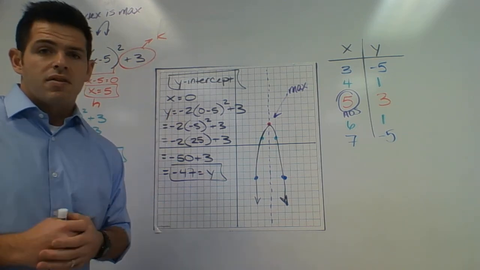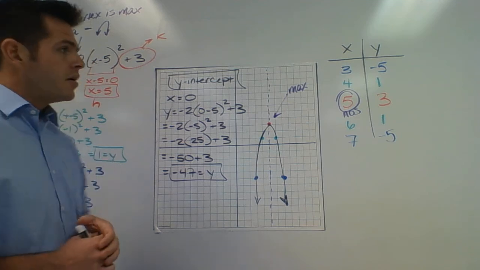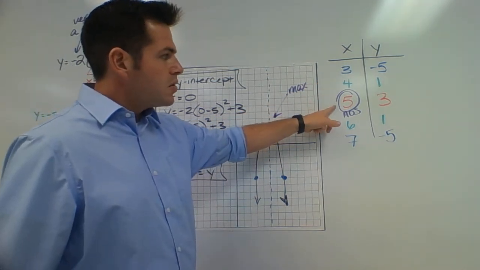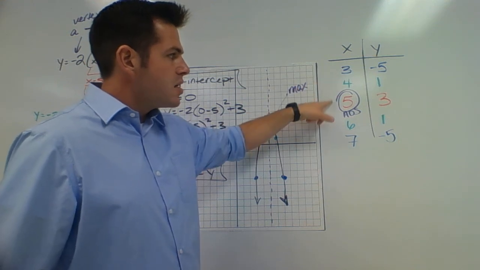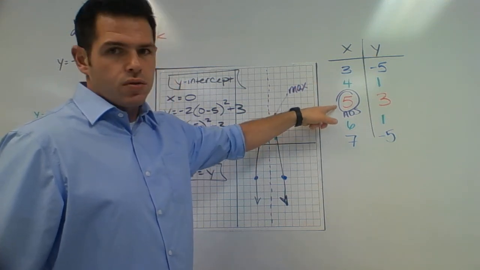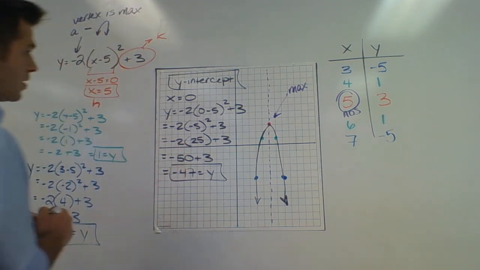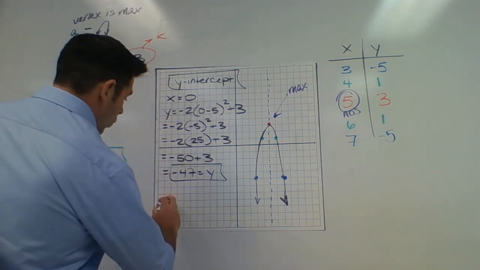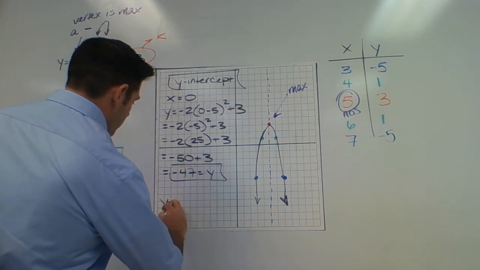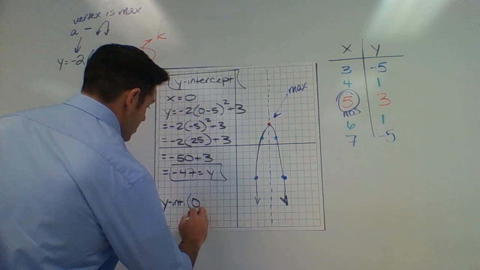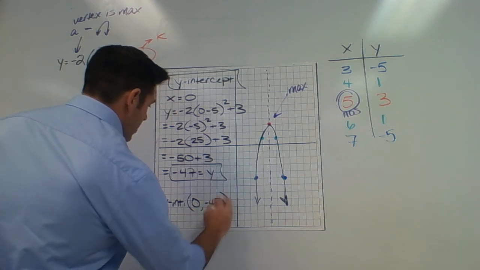It might come up in the course of a problem, but we are going to try as hard as possible to pick numbers for x values that are relatively close to the vertex here. So I went 1 away and then I went 2 away. So again, my y-intercept for this problem would be the point 0, negative 47.